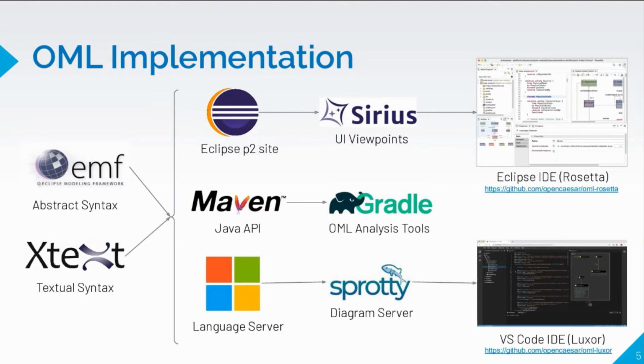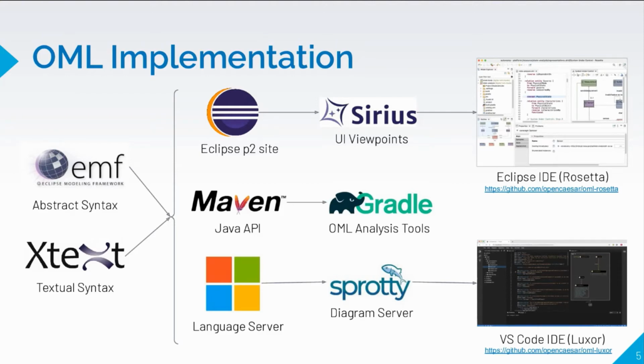With this, we published three artifacts. We have an Eclipse update site, which allows us, thanks to Sirius, to produce rich IDEs using Eclipse. We also produce a Maven Java jar that we use to develop a lot of analysis tools based on OML.